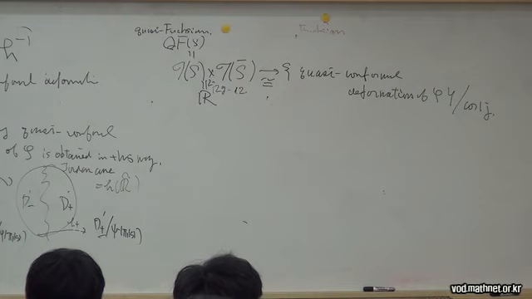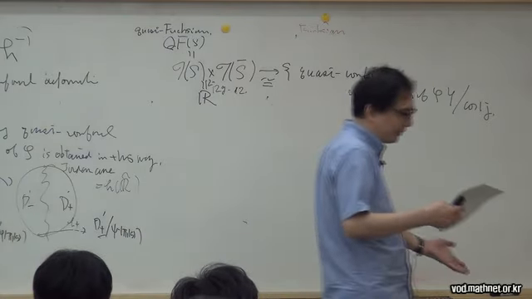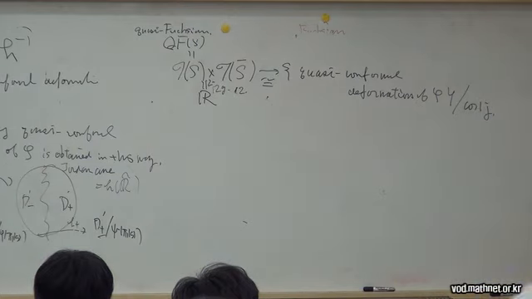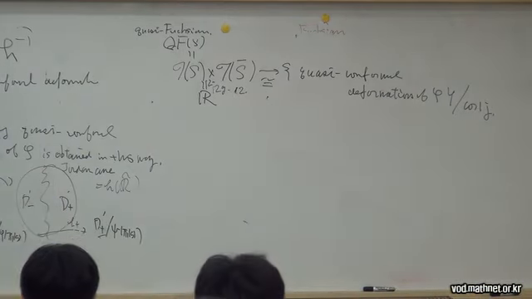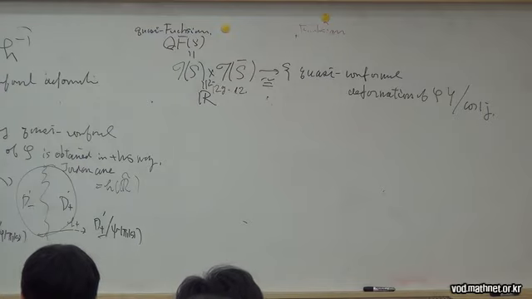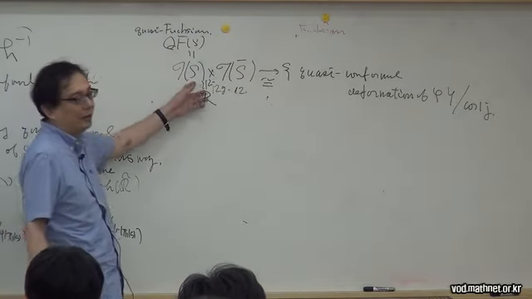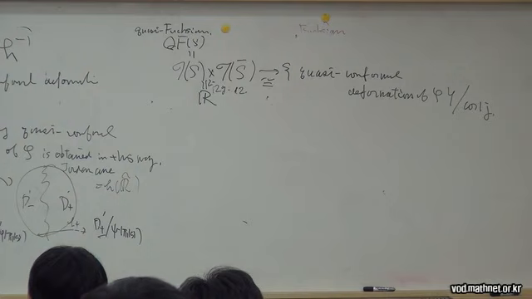So you consider the quasi-conformal deformations of a fixed Fuchsian representation, and you get some kind of space. So the dimension was doubled as you change PSL2R to PSL2C. Okay.